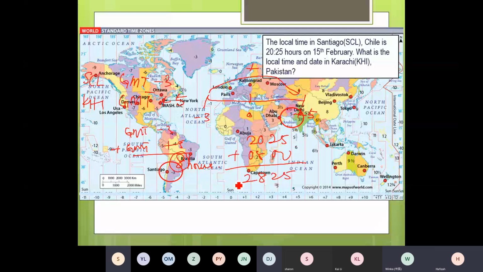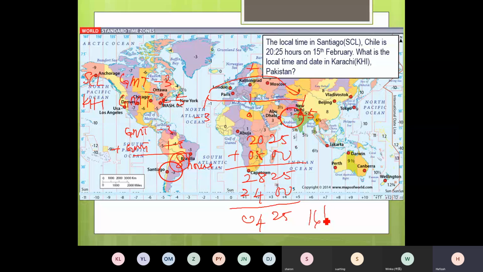Minus 24. Why minus 24? Because it's more than 1 day. So what will be the date? Is it 15? 16. Okay, so it's more than 1 day already, so you plus 1, then it becomes 16 already.